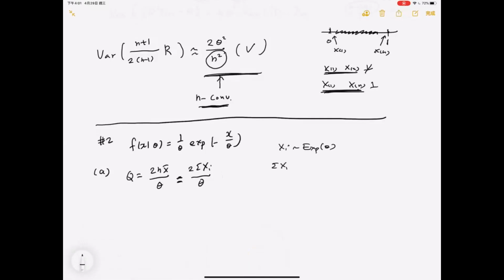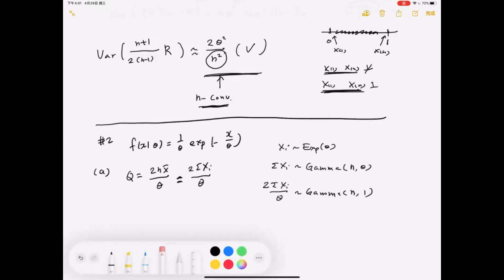The summation of xi follows gamma n, theta. Then you divide by theta on the scale parameter, and it becomes gamma n, 1. If it's times 2, it becomes gamma n, 2. Exactly, the right-hand side distribution is independent of theta.